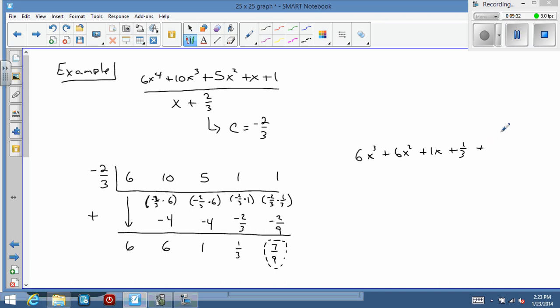I'm just going to write that as a remainder, r, so remainder 7/9. I'll put a semicolon here. So here is our q of x and our r of x: 6x cubed plus 6x squared plus x plus 1/3 with the remainder of 7/9.